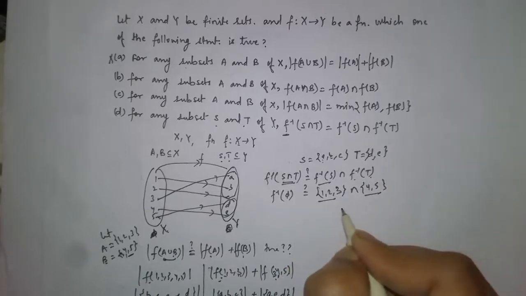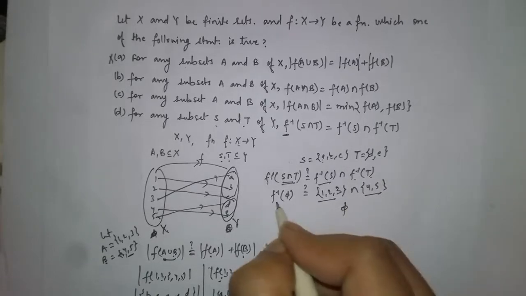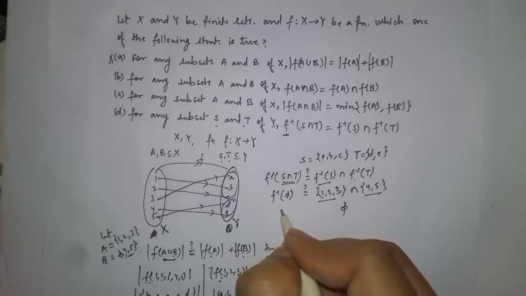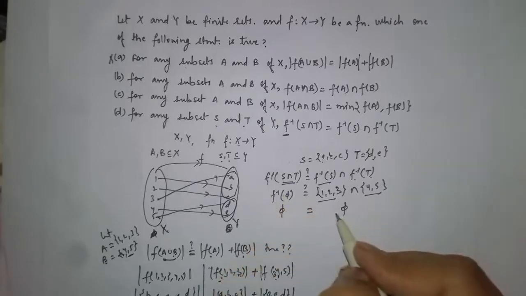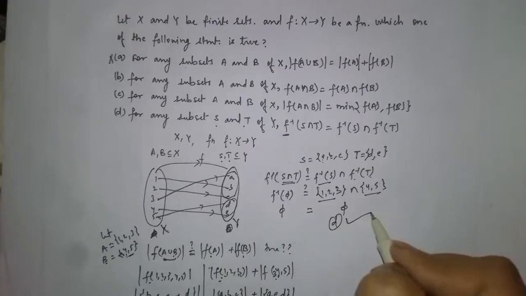The intersection of both terms is phi, and f⁻¹(phi) is phi, so phi is equal to phi, so option D is correct.